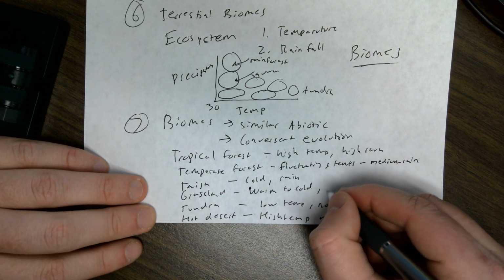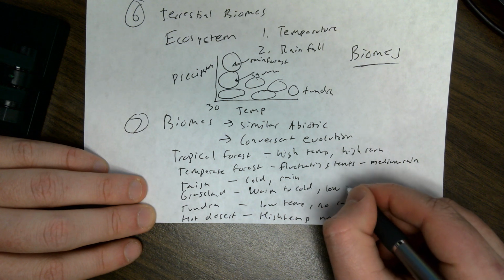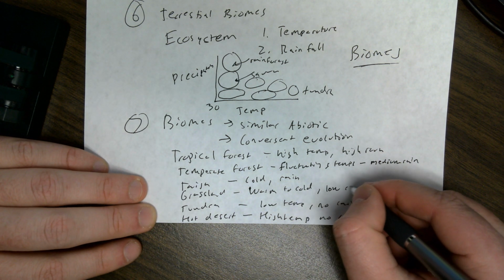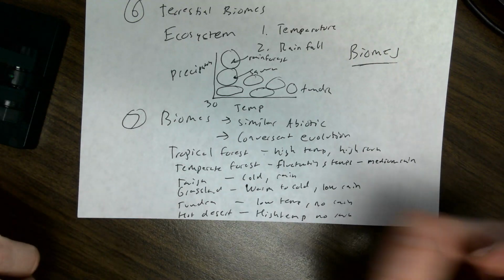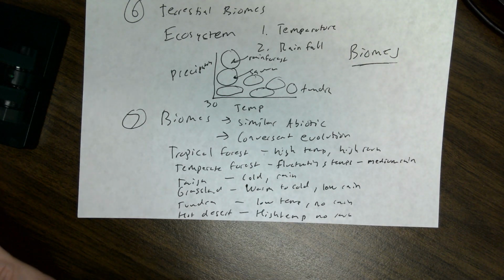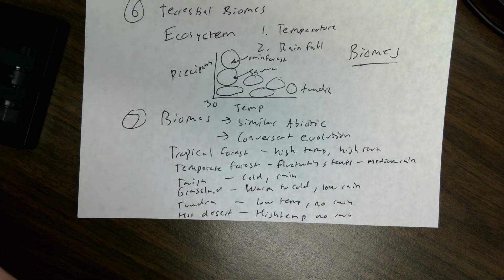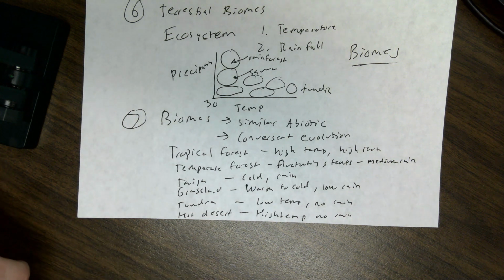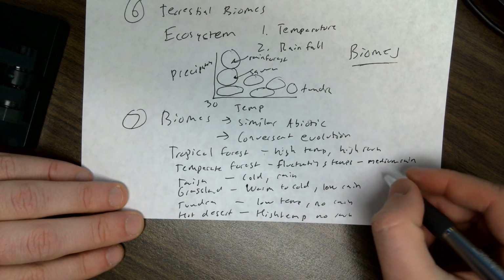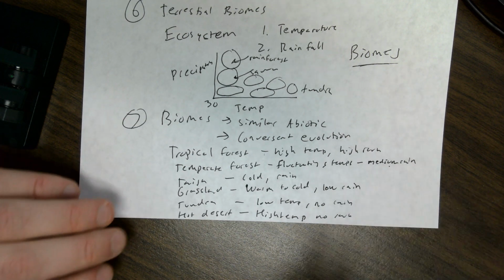And typically you're going to have low-ish rainfall, possibly even less than the taiga, depending on what it looks like. So typically, your temperate forest is going to have more rain than a grassland. So this one would be medium and this one would be low.